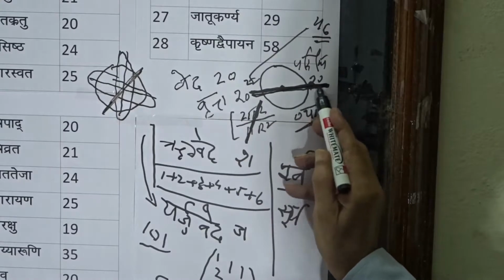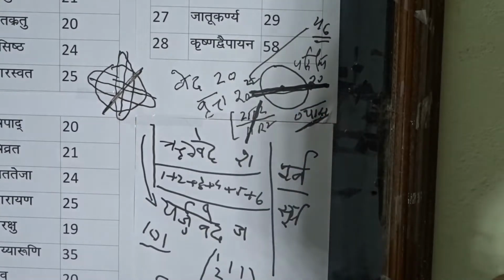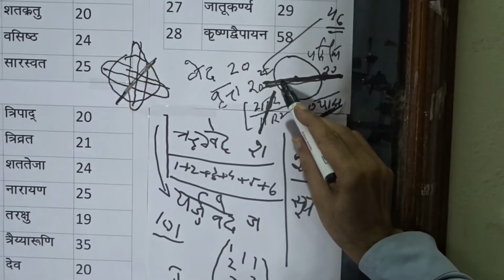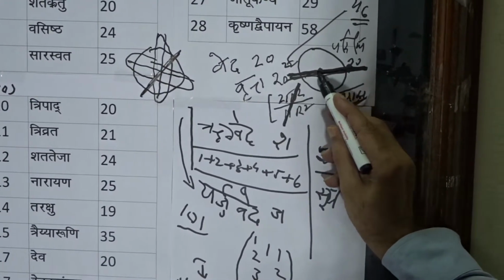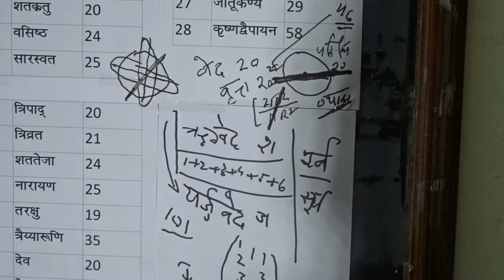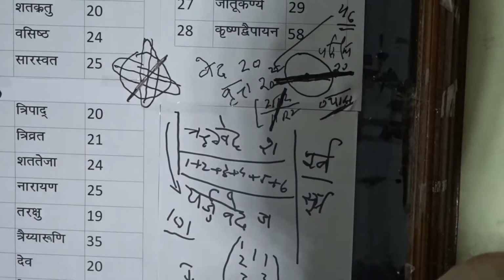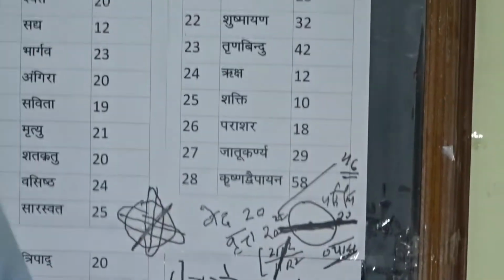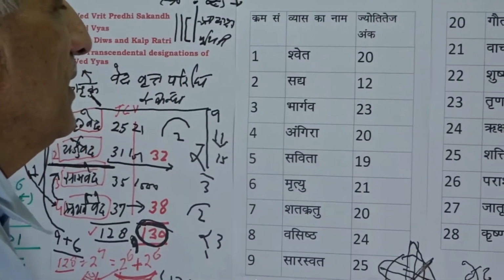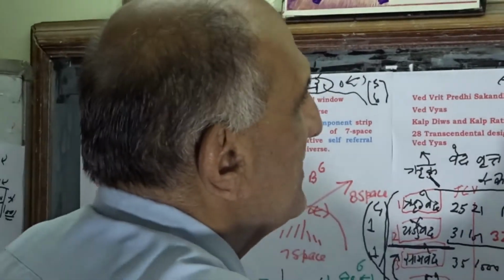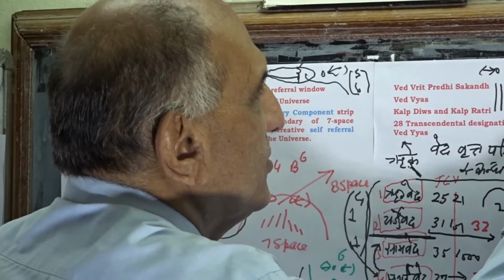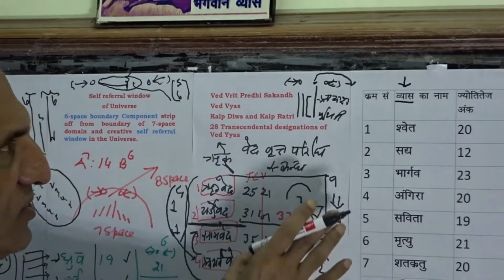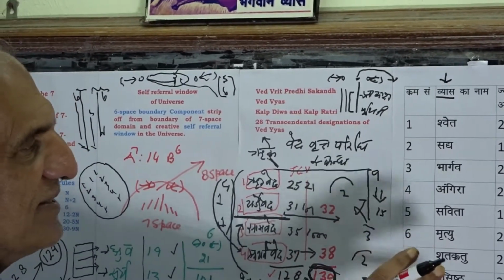Therefore, it is here where we have to appreciate how the Vyas, the diameter, is to be worked out. For it, we have to go to the shelter of the Vedic knowledge, and Vedic knowledge preserves for us that the Vyas diameter is to be worked out in terms of its 28 steps.